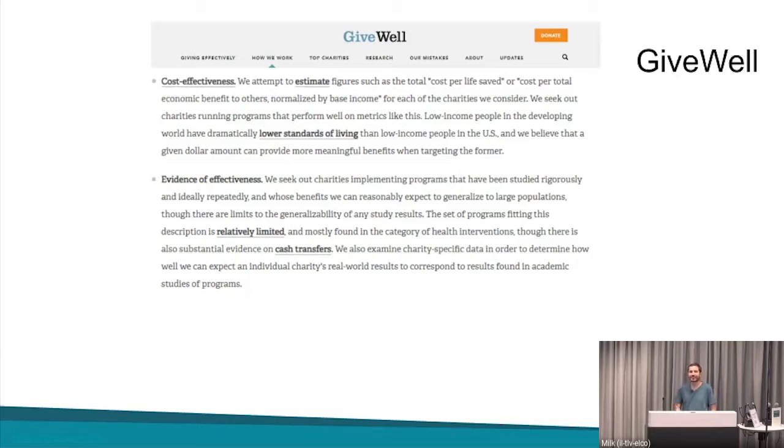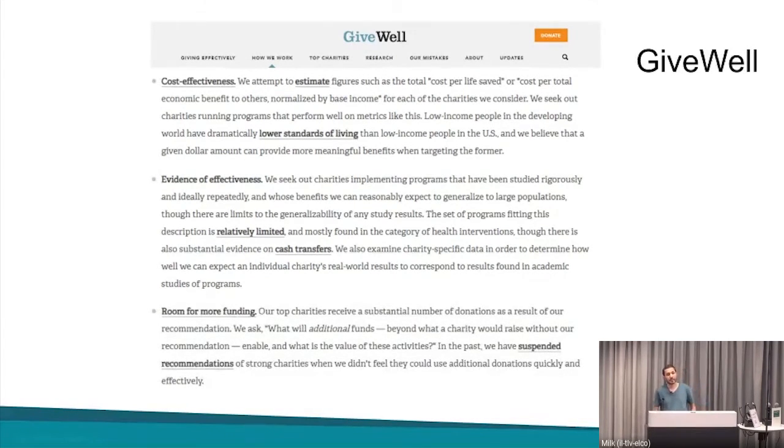Or are there a lot of assumptions built in? Am I actually not that confident that because this worked in Zimbabwe, it'll also work in Kenya, right? So the evidence of effectiveness tells us not just what we currently estimate is the cost effectiveness, but is there really a strong body of research showing that this is indeed the case? Or is this still fairly speculative and uncertain?